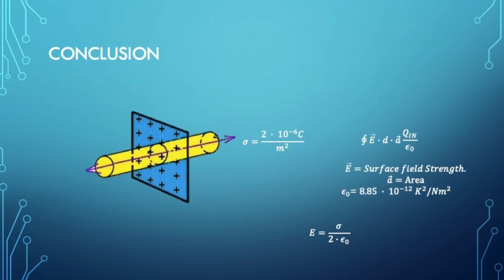In conclusion, for an infinite sheet of charge, the electric field of the Gaussian surface, which in this case is circular, will always be perpendicular to the sheet of charge. As the electric field is penetrating through the sheet of charge, only the surface area of the two ends of the cylinder are going to experience the electric flux.